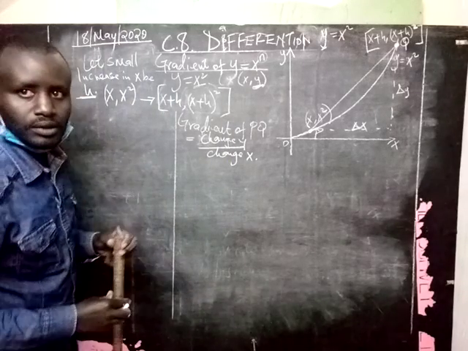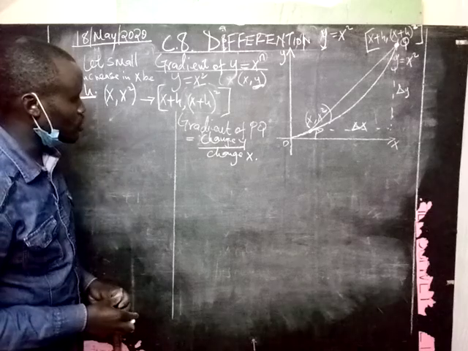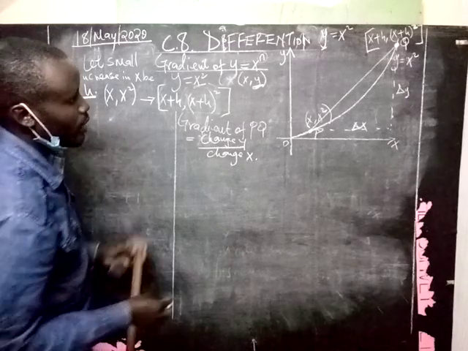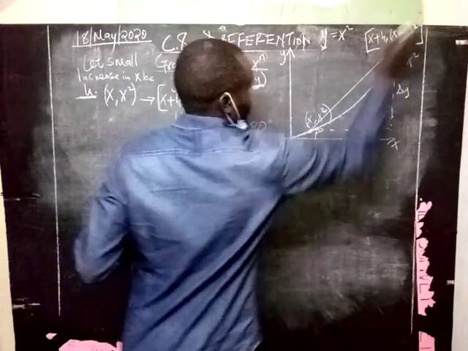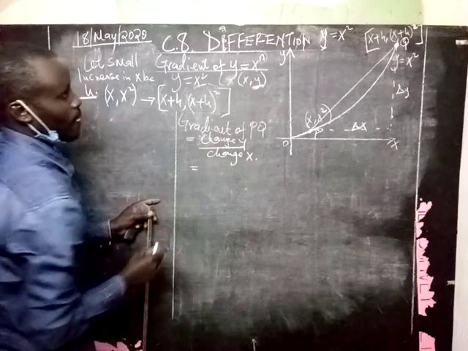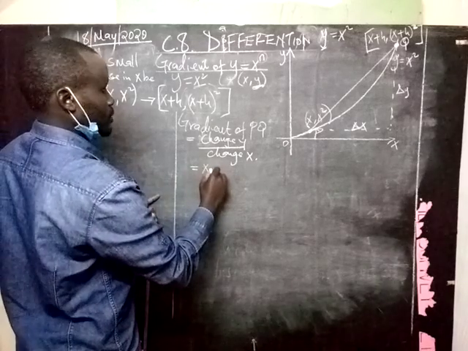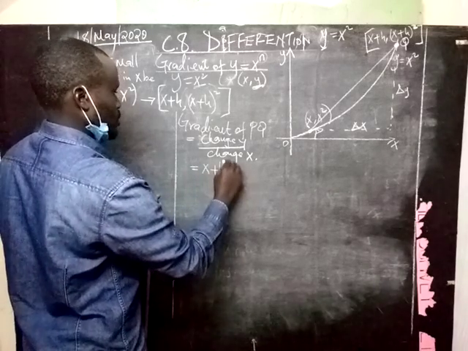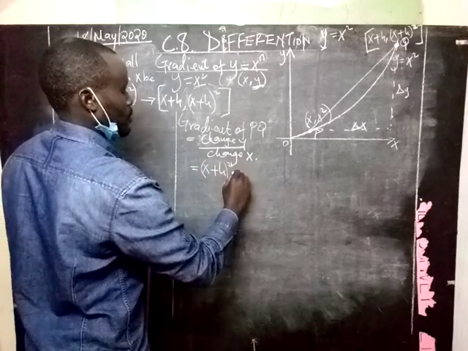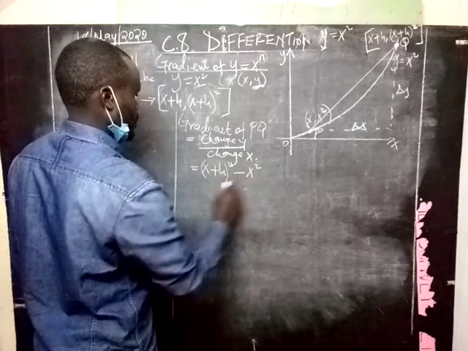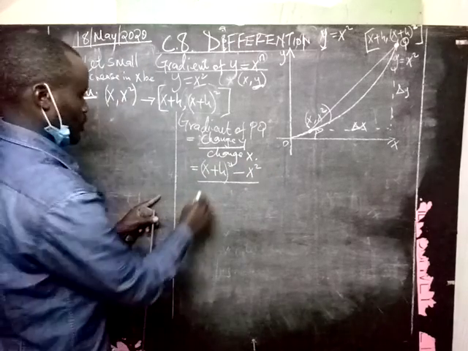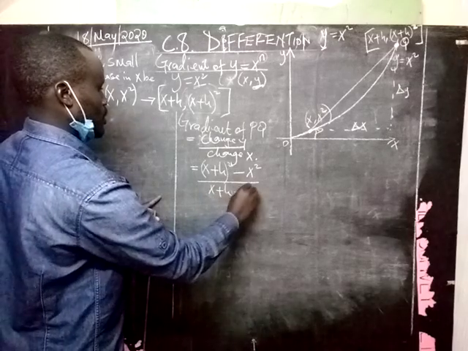And for this case, are you able to identify change in y, where we have the 2? So we are going to have x plus h, all of this squared, minus x squared, all over x plus h minus x.